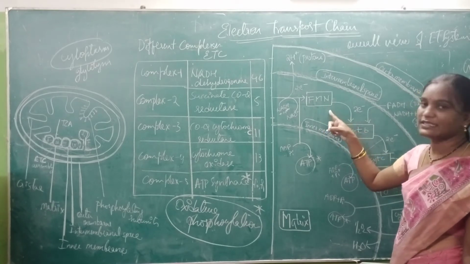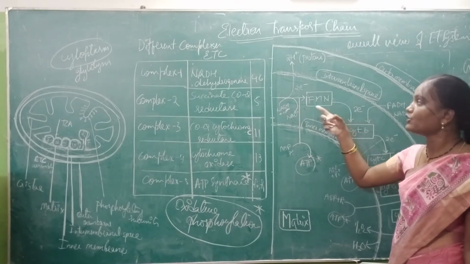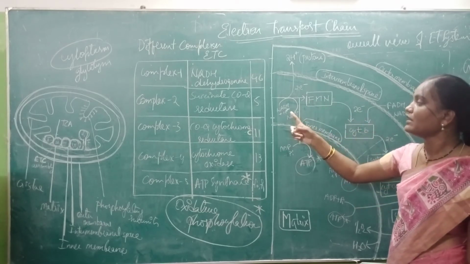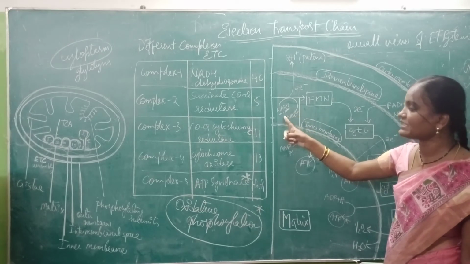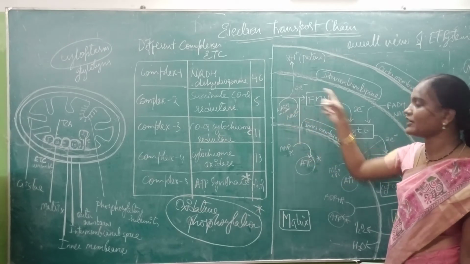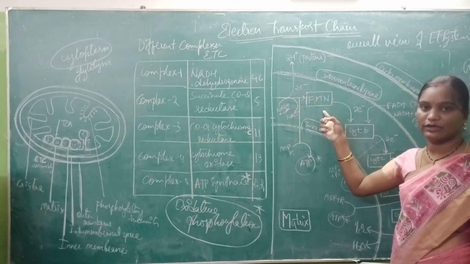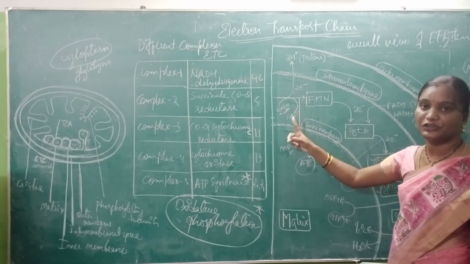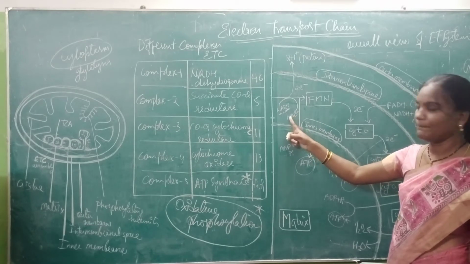So NADH is donating 2 electrons to FMN, then it will get oxidized. Initially this complex is in the reduced form, isn't it?